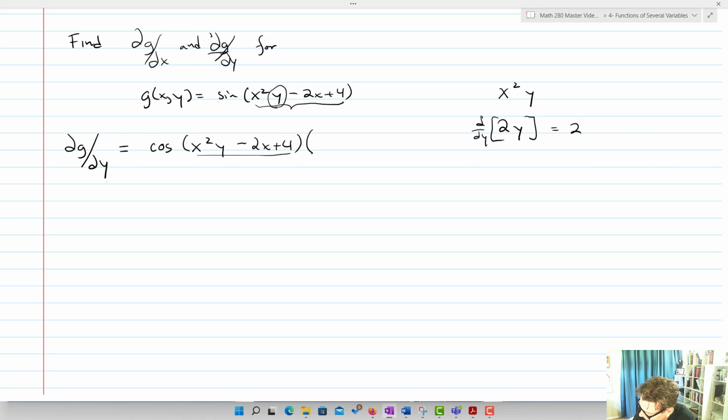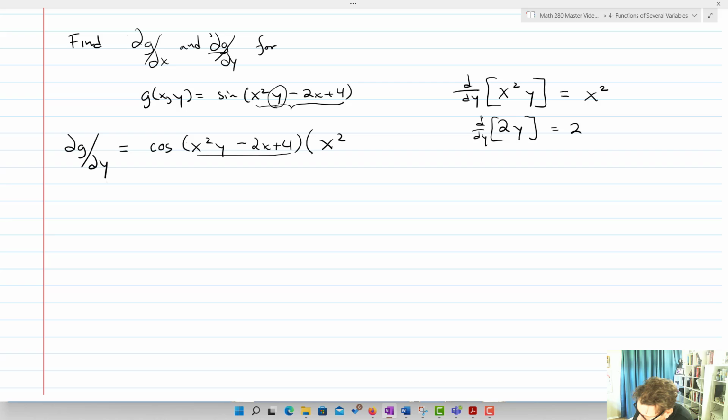That's exactly the same idea here. d dy of x squared y is just going to equal x squared, because you've only got one y. We use the power rule, subtract 1, and we just end up keeping the scalar. So that gives me x squared.